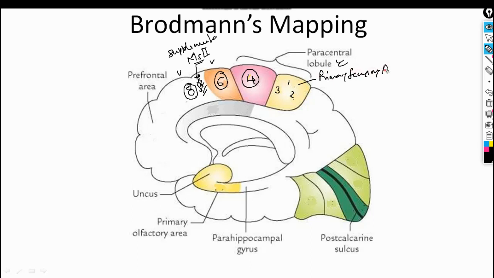Clear? So we can demarcate the region of Brodmann's area number 3, 1 and 2. In the next video we will see the Brodmann's mapping in the occipital lobe and temporal lobe.